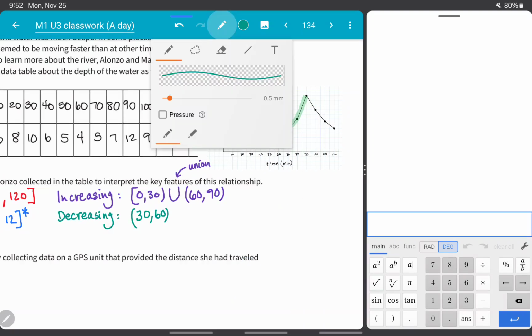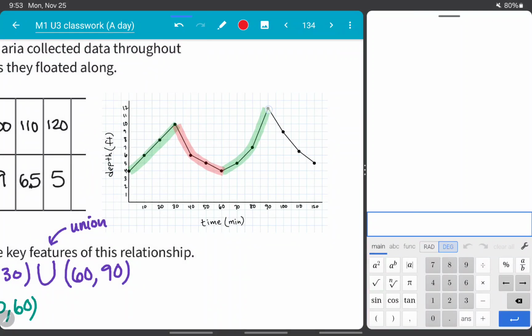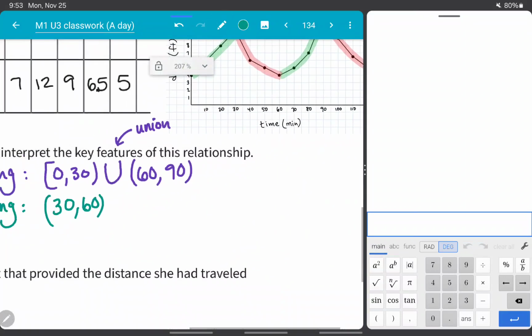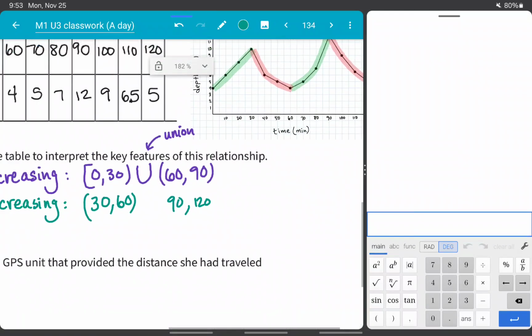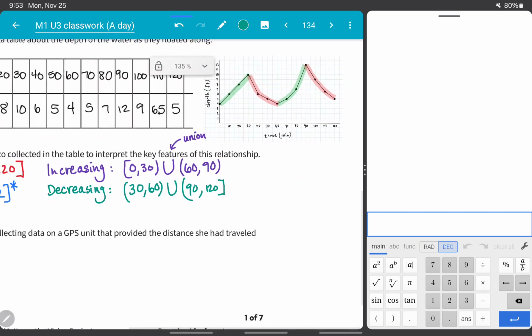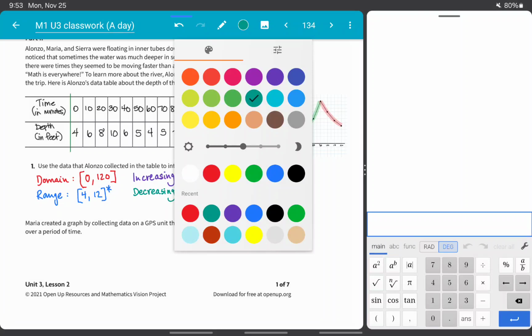And there's also another part where it's decreasing over here from 90 to 120. I'm going to put 90 to 120. Now, since 120 is our stopping point, we're going to put the bracket here, but the parenthesis here. And I'm going to put this U for union again to show that there's this section and this section that are both decreasing.